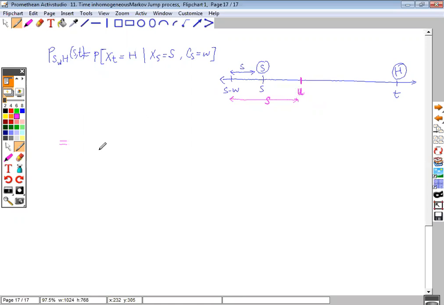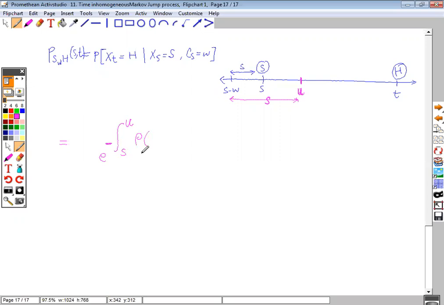So I can rewrite this thing as e raised to minus the integration of rho. You might be tempted to write S minus W here, but all we care about is what is happening from S. So I have this integral from S to U, and I'll have rho here.